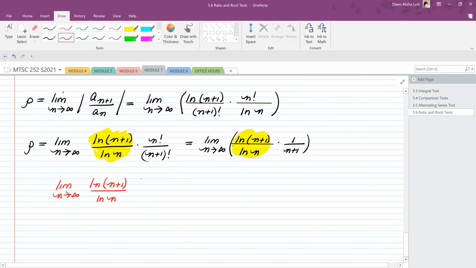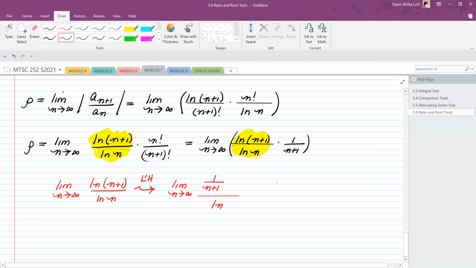Let's use L'Hopital's rule. So the derivative of the top is going to be 1 over n plus 1. Whoa, forgot my limit. So the derivative of the top is 1 over n plus 1. And the derivative of the bottom is 1 over n.